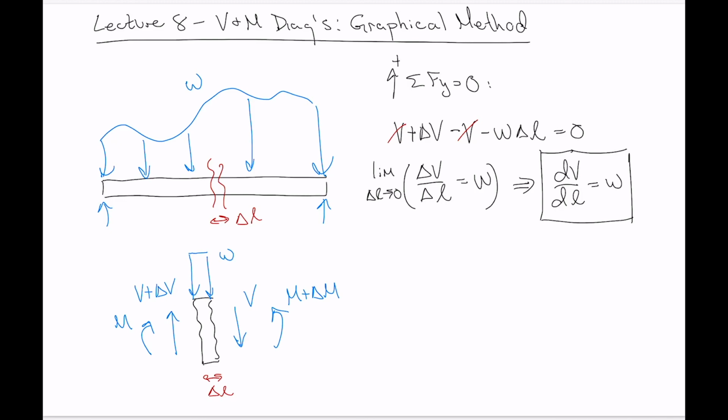So that's the slope of the shear diagram. So the slope of the shear diagram equals the value of distributed load. That's the relationship between distributed load and shear. So at any point along a beam, the value of the distributed load at that point or at that length position L gives you the slope of the shear diagram.